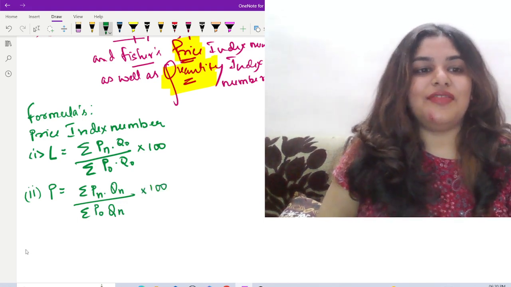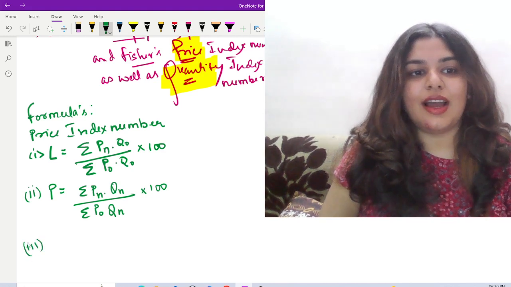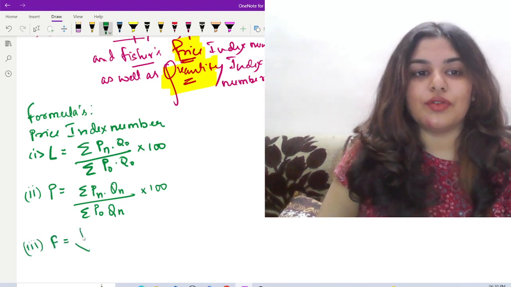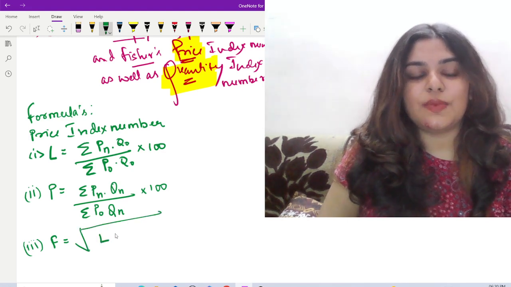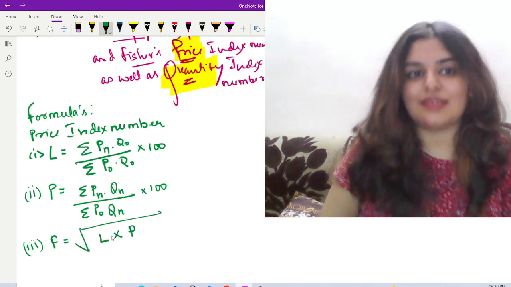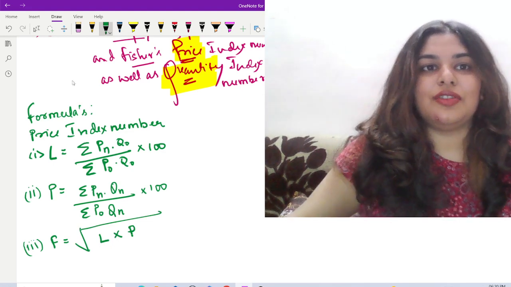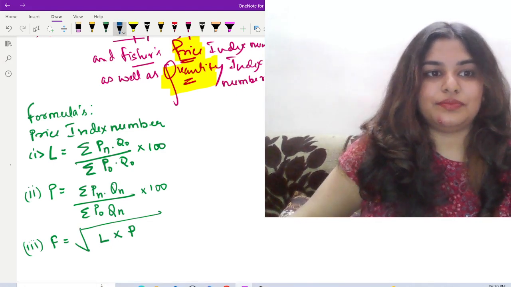And finally we have Fisher's ideal index number denoted with F, and this is nothing but the square root of Laspeyres into Paasche's. So these are our 3 price index numbers.